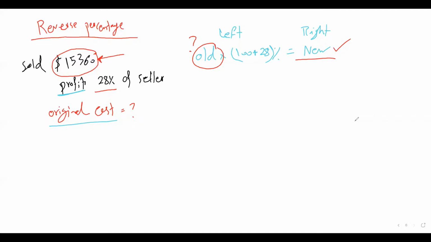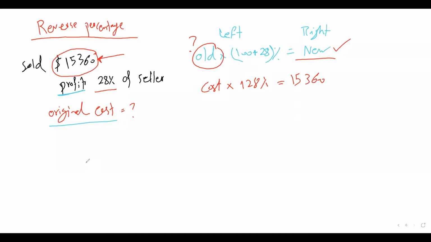It involves a little bit of algebraic manipulation, but it's not that difficult. We can manage that. So the old, or the cost, or the old price, times 128%, must give us 15,360. Now 128%, if you convert it to decimal, you divide it by 100.